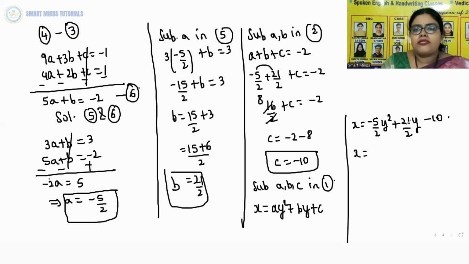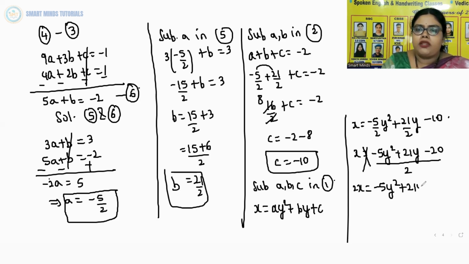So on the right hand side, if we take LCM, we get -5y square plus 21y minus 20 whole divided by 2. Now if you cross multiply, we get 2x is equal to -5y square plus 21y minus 20. Now we take all right hand side terms to left hand side. So we get 5y square plus 2x minus 21y plus 20 is equal to 0. This is the required equation of the parabola.